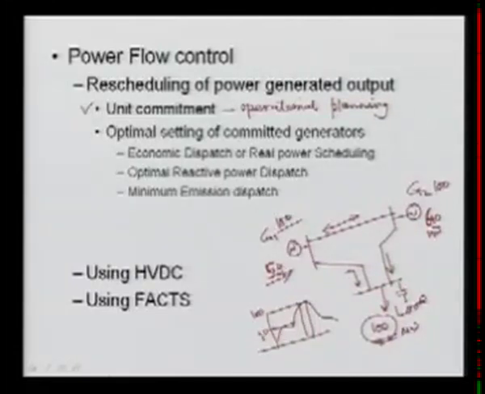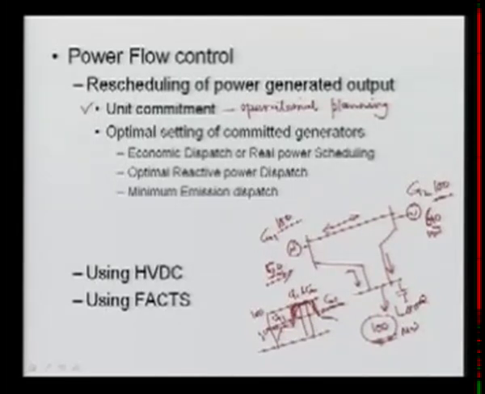It is possible that only one unit is sufficient during this period, because a 100 megawatt unit is there. So we can generate with one unit, and when the load exceeds that, we can turn on the expensive one, and then turn it off again. So here generator 1 is on, here generator 1 and generator 2 are both on, and here generator 1 is on again and 2 is off. So generator 2 is on only for this period. This is called unit commitment.